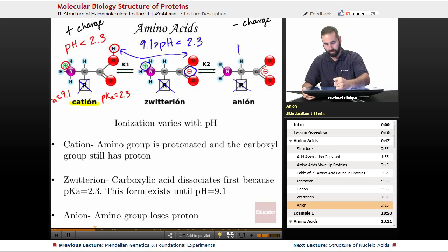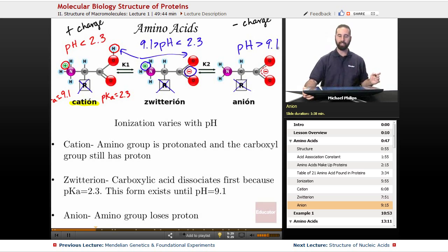So right here, when the pH is greater than 9.1, we're going to move into the anionic state. All right, and that's when our amino group loses this proton. Okay, right here, remember, here's that proton. We no longer have it.